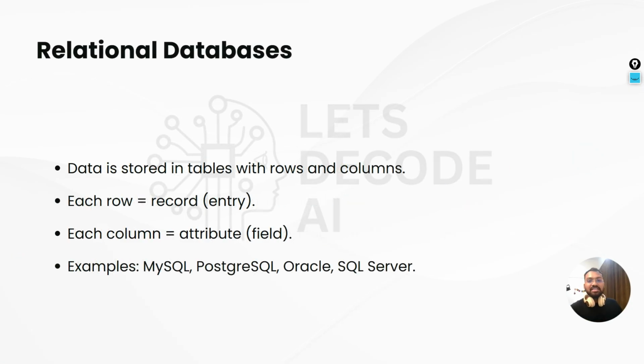One of the most common types of databases is the relational database. Here, the data is stored in form of tables with rows and columns. Now, there are a couple of terms which you will hear a lot from me, which are record and attribute.